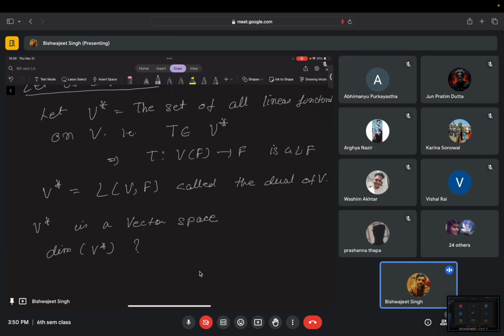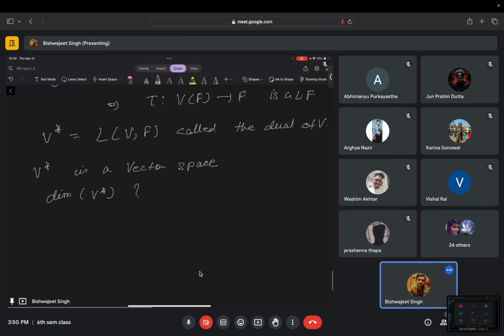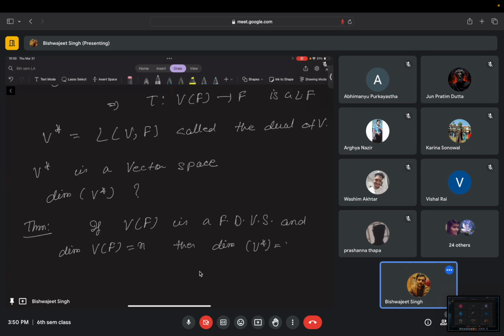Dimension of V times dimension of W. So here it is going to be dimension of V times dimension of F. So the statement, not a theorem, is that if V over F is a finite dimensional vector space, FDVS meaning finite dimensional vector space, and the dimension of V is n, then the dimension of V star is also n.